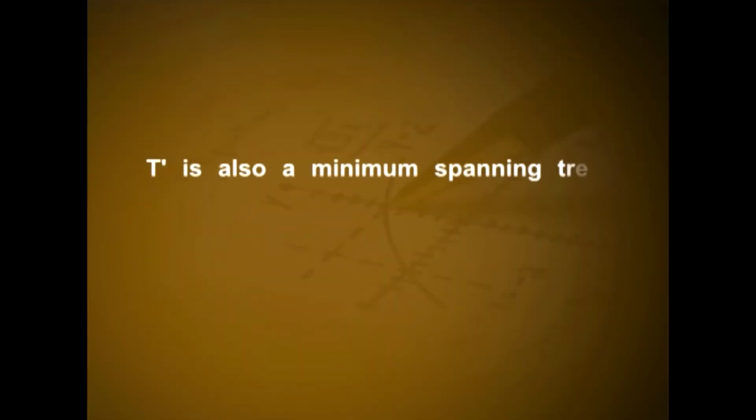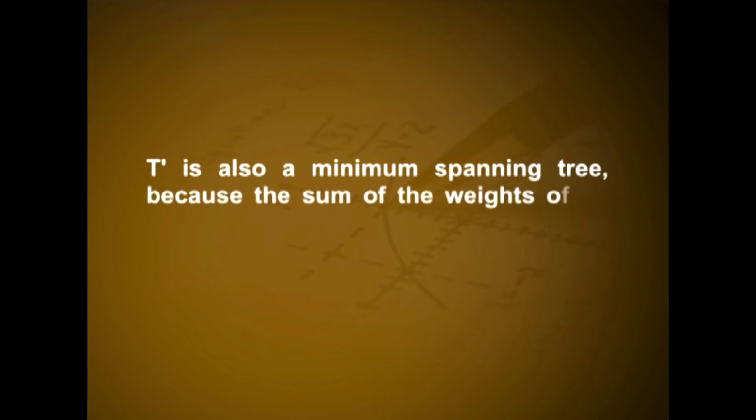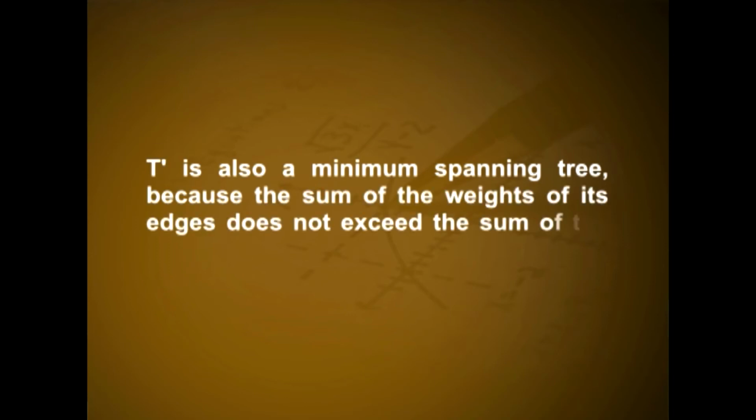Furthermore, because Ek+1 was chosen by Prim's algorithm at the k+1th step and E was also available at that step, the weight of Ek+1 is less than or equal to the weight of E. From this observation, it follows that T' is also a minimum spanning tree, because the sum of the weights of its edges does not exceed the sum of the weights of the edges of T. This contradicts the choice of k as the maximum integer such that a minimum spanning tree exists containing E1, E2, etc., Ek.